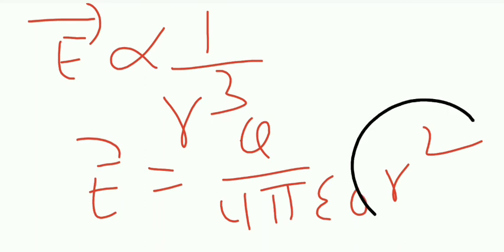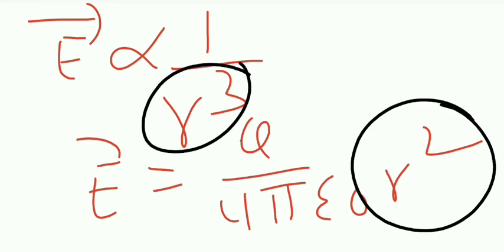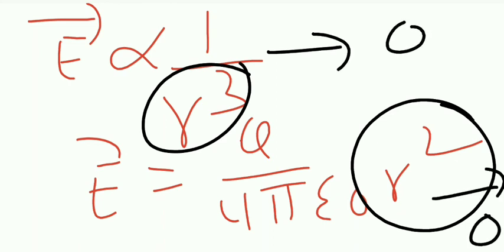It is square for the point charge, cube for the dipole. So which will decay faster? R cube will make it go to 0 faster than r square, because when you substitute r equal to 2, it is 1 by 4 for the point charge, but 1 by 8 for the dipole, which is very less. So the electric field due to a dipole decays very fast compared to that of a point charge.